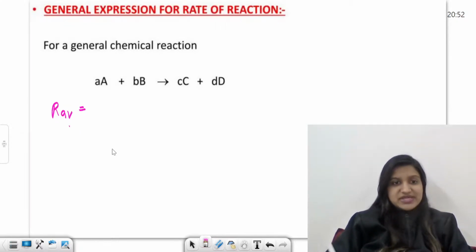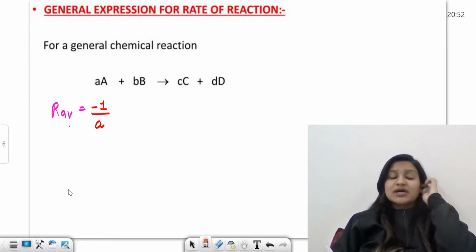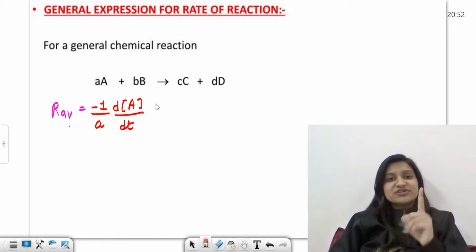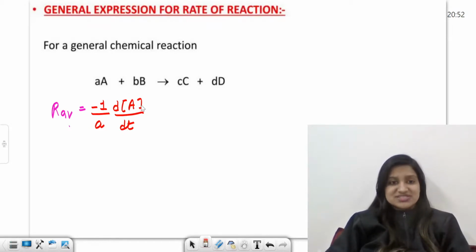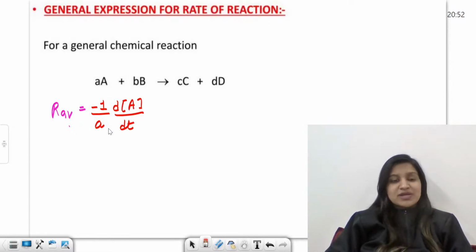If we talk about the average rate of reaction, you write it in a way, minus 1 by small a, minus because it is on the reactant side, minus 1 by a dA by dt. Please remember this. Now we are writing the rate of the reaction. Okay, the whole reaction. This is the rate of the reaction. All right. So minus 1 by a dA by dt.